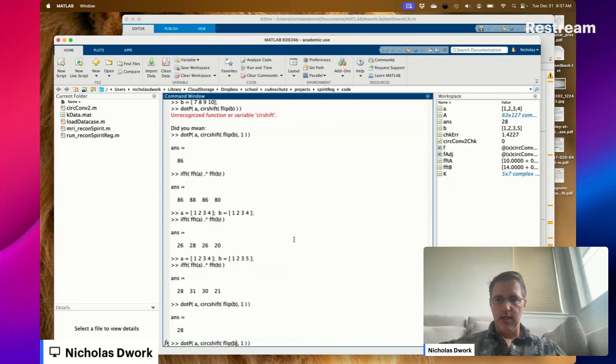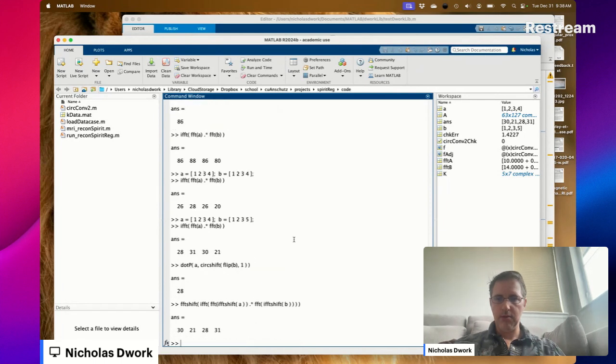That's what we got to fix. Okay, so I would have thought that this would, oh, I keep doing the wrong one. I would have thought that would work, and it did. The 28 is at the origin element. Great.